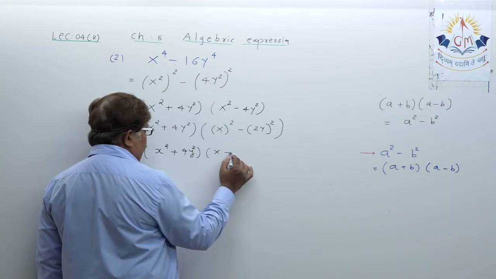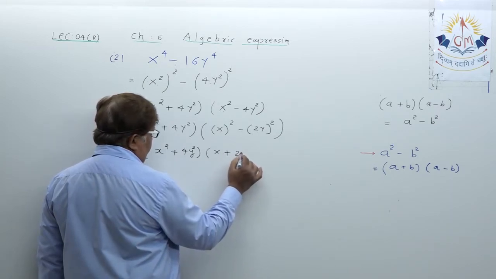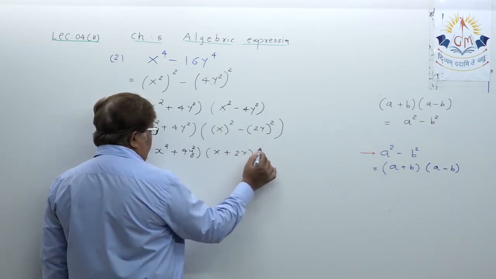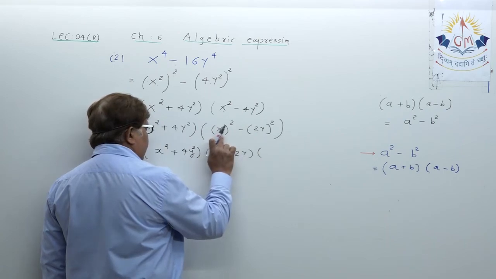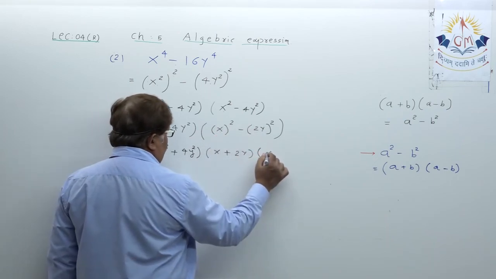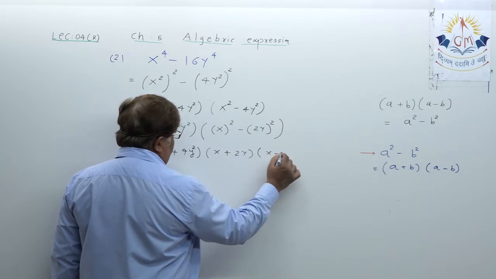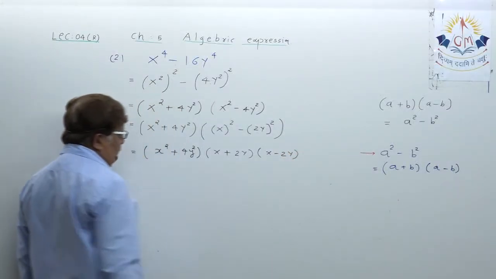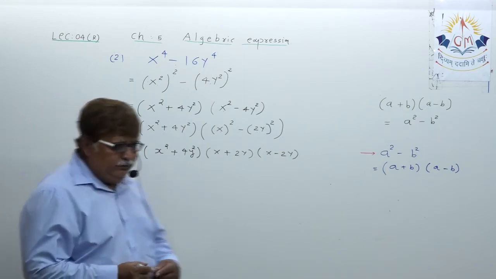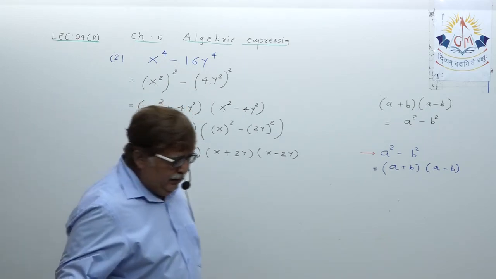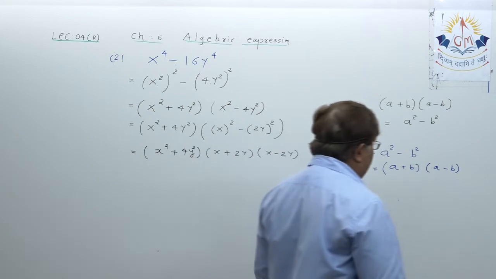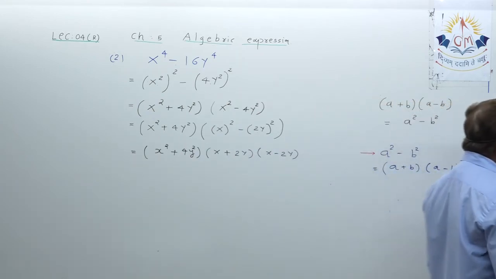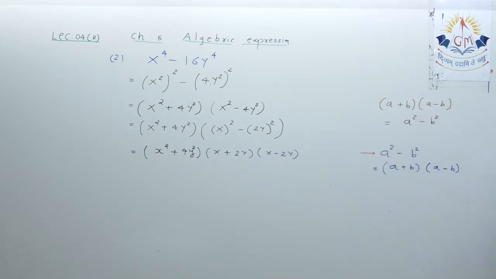I will write x plus 2y. a minus b, I will write x minus 2y. See the full example, dear student, before I give another such example as an SLP. First you just verify.